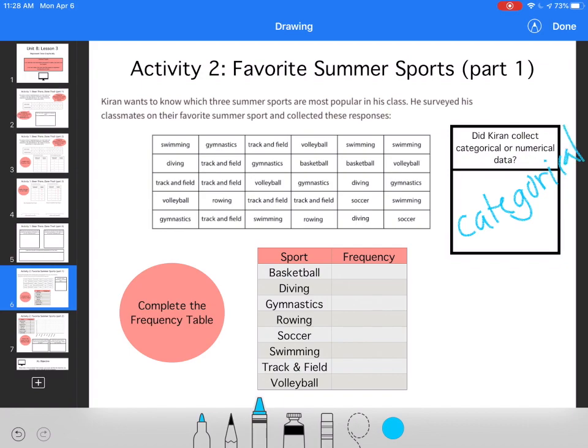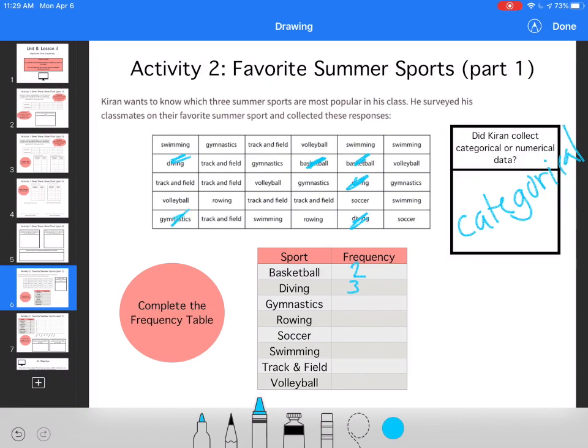So then it says how many people or how many times, because frequency is the number of times something occurred, basketball occurred. So that's 1, 2, so 2 times. Diving, 1, 2, 3. I've got 3.